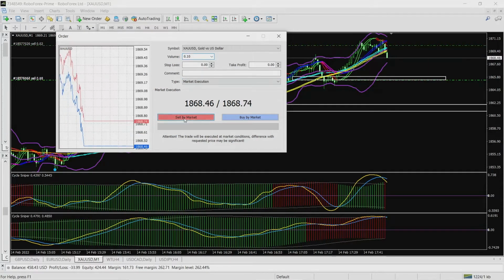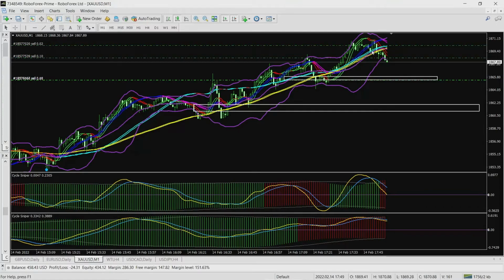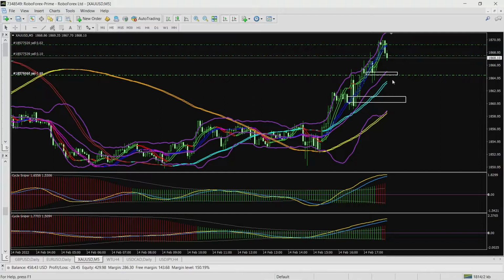Here they started our first short and support. What we're going to do is we're going to close these two shorts here, and then we will look for a 5 minutes chart. We will look for a breakout here, sell signal here, reversal signal here.